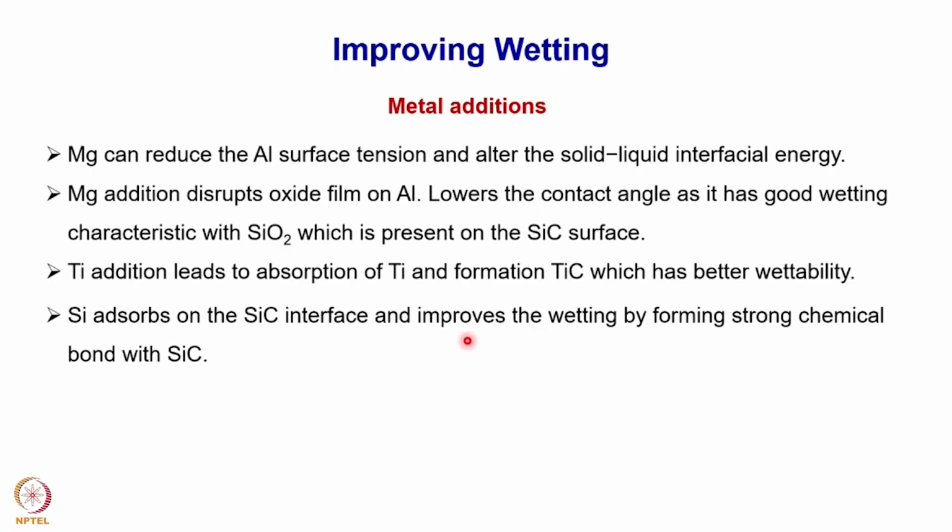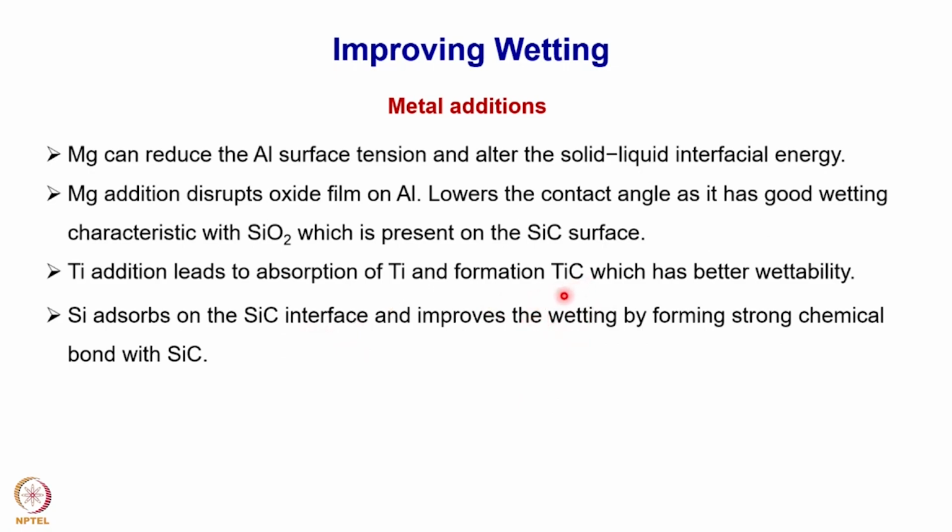This will also modify the conditions in a way which will lead to a low contact angle and therefore better wetting. It can be through the modification of the surface by disrupting the surface film, for example, or there can be metals which can actually segregate to the interface and lead to a good bonding between the metallic matrix and the ceramic reinforcement.